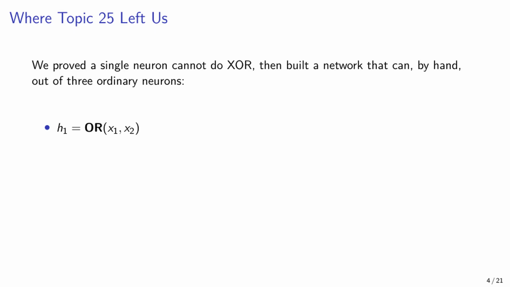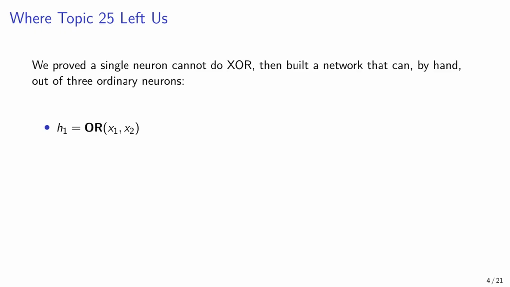Start by remembering exactly where we left off. We proved a single neuron cannot do XOR, and then we built a network that can, by hand, out of 3 ordinary neurons. The first hidden neuron computes OR.